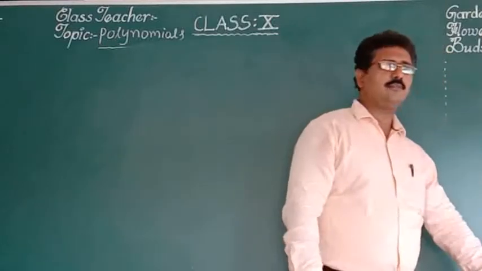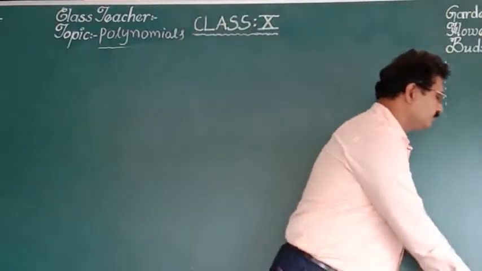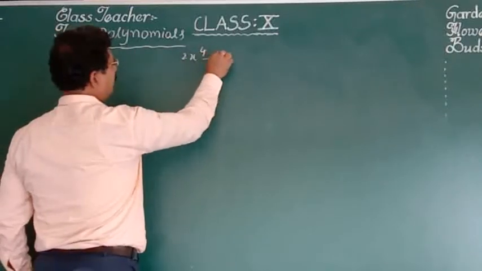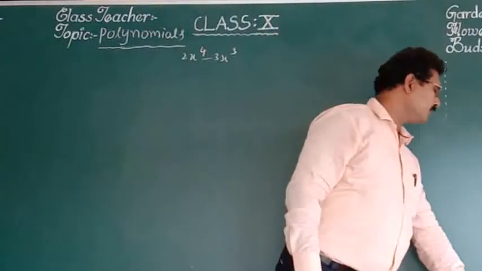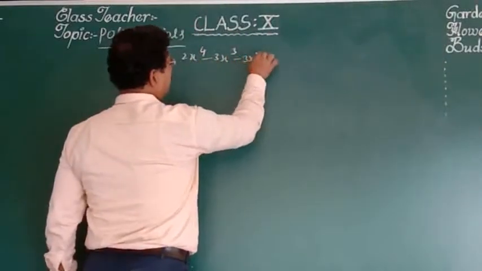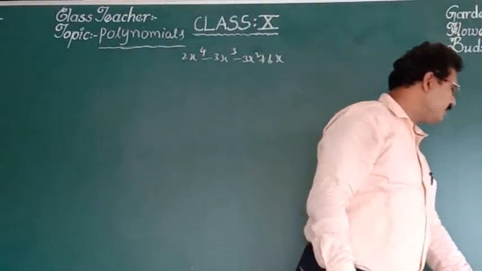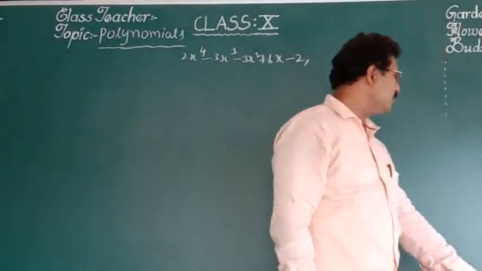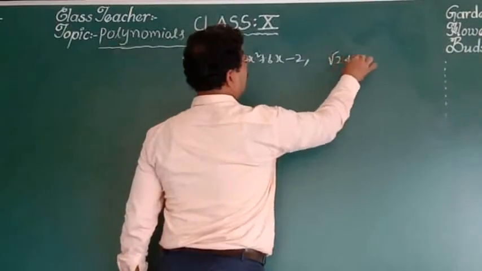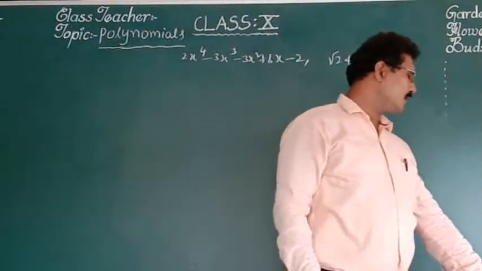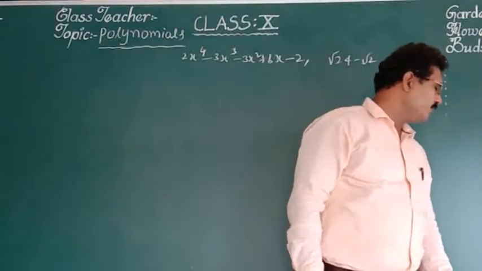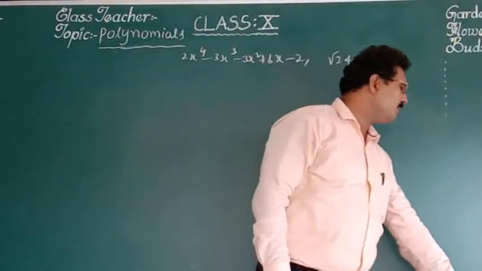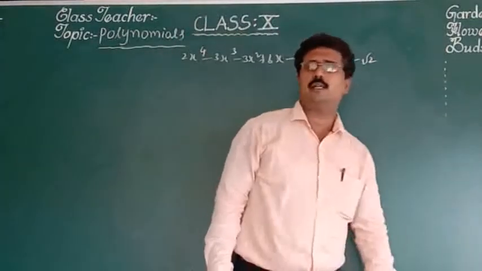Find all the zeros of 2x power 4 minus 3x cube minus 3x square plus 6x minus 2, if you know that two of its zeros are root 2 and minus root 2.